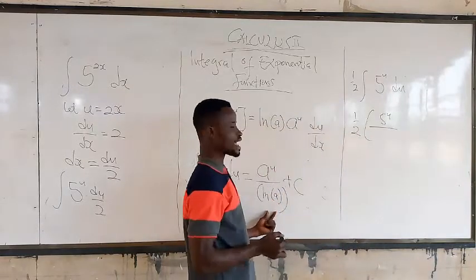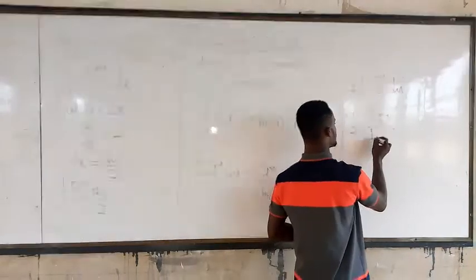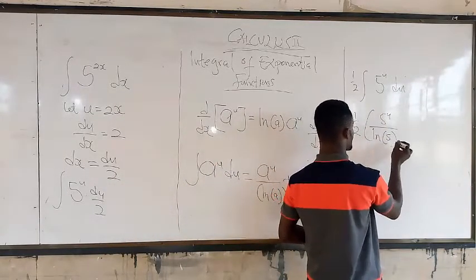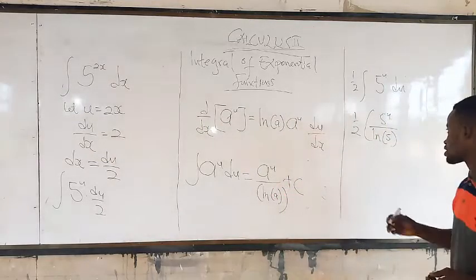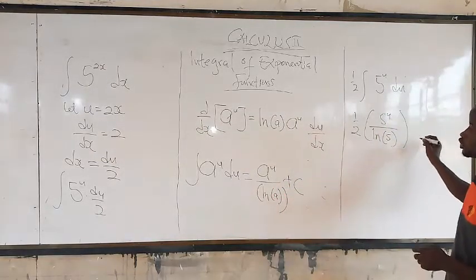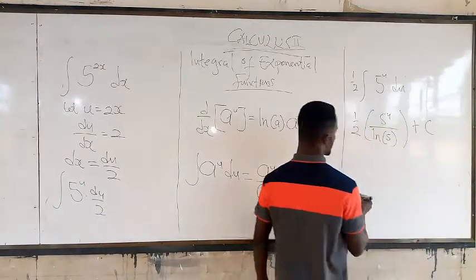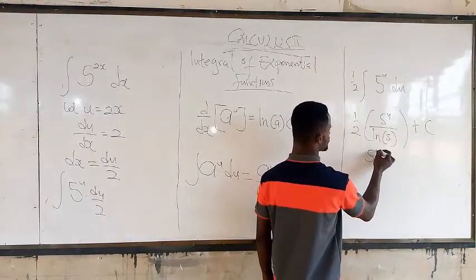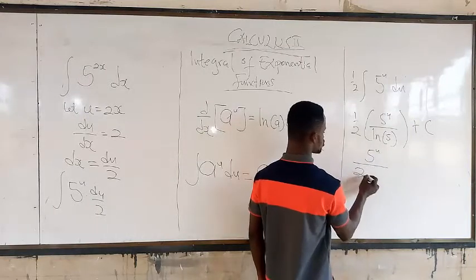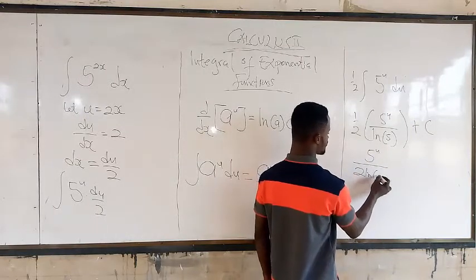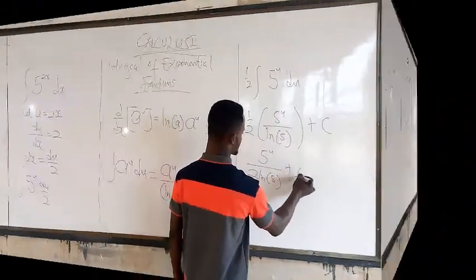Then you divide by ln what? Ln 5. That is the constant. Then you add plus c. So in all, we are going to get 5 raised to the power u over 2 ln 5 plus c.